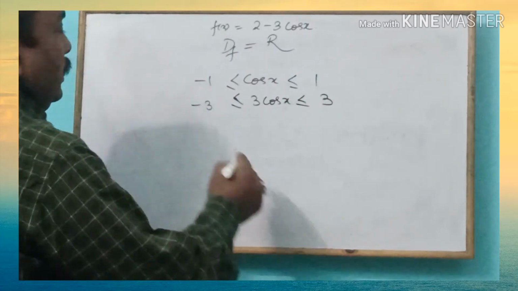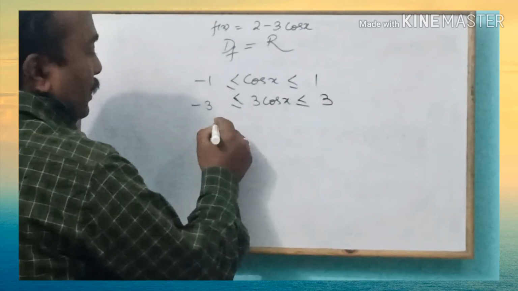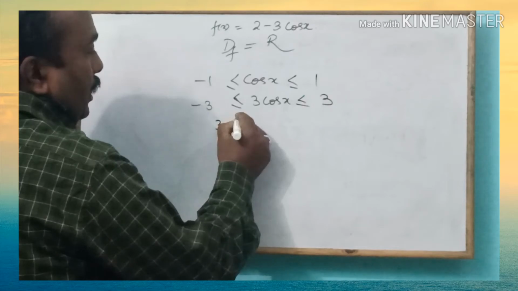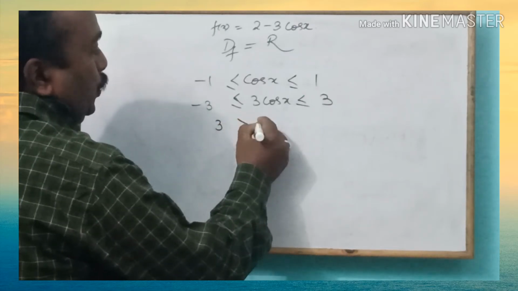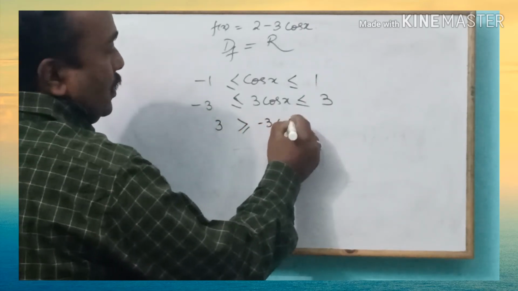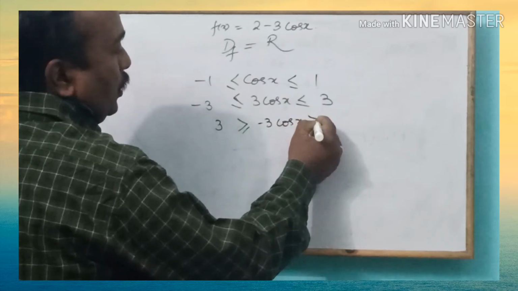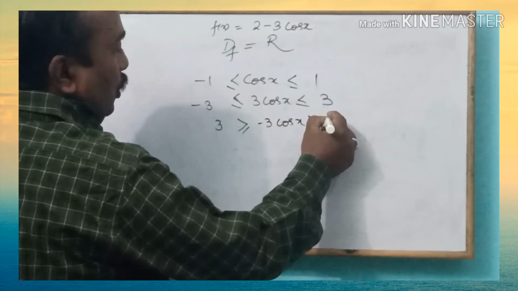Okay. Now, I multiply with minus 1. Then this becomes 3 greater than or equal to minus 3 cos x greater than or equal to minus 3.